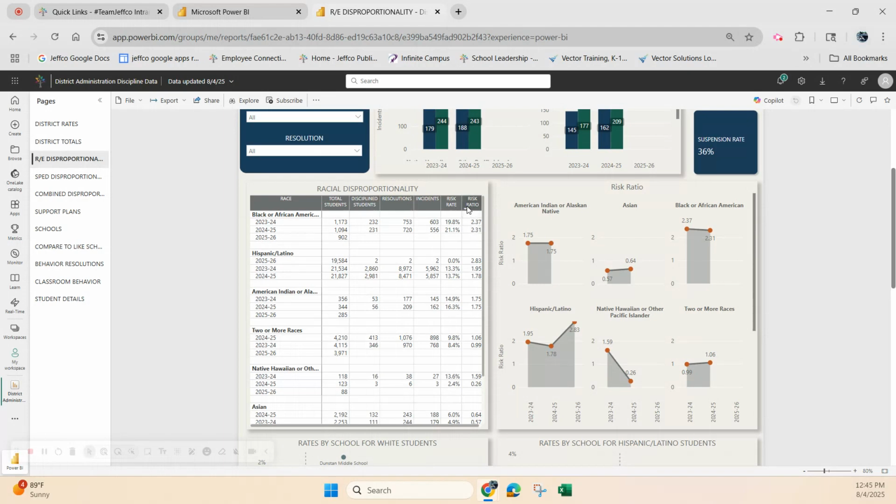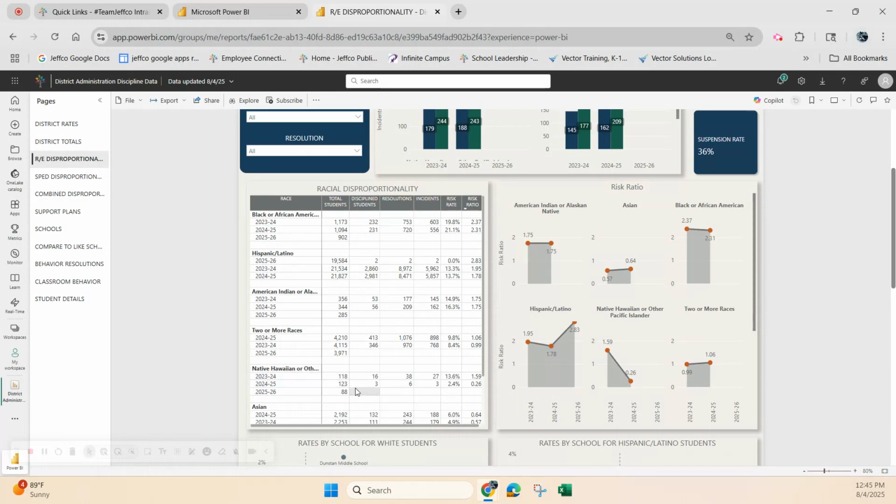So this is when we talk about disproportionality data, and it is important to pay attention to, as well as the risk rates. And numbers are also important. Obviously this is 25-26 data, so really shouldn't be there yet, but we have 2 right there. That is not going to be important.